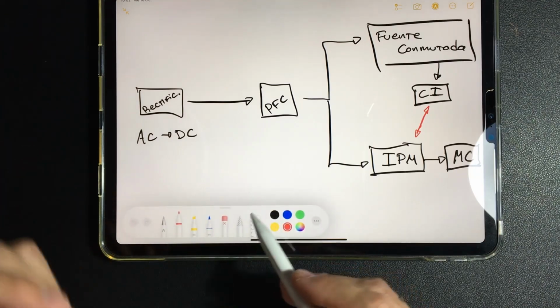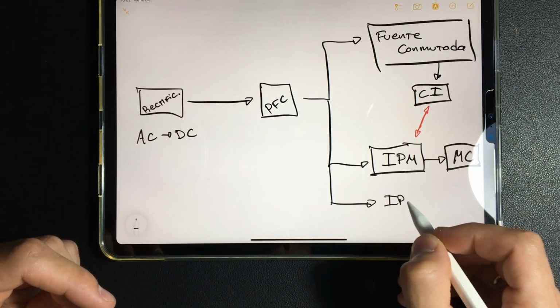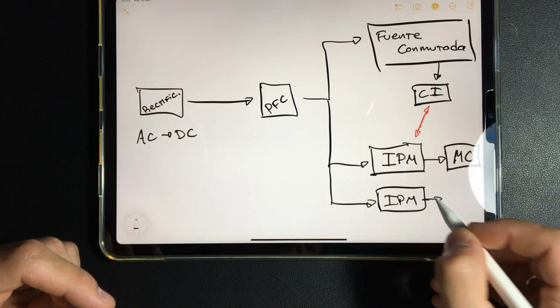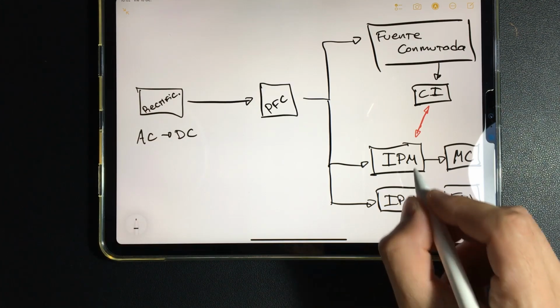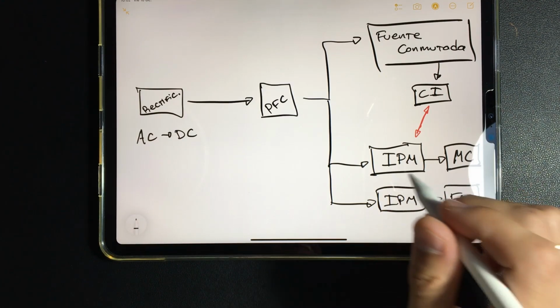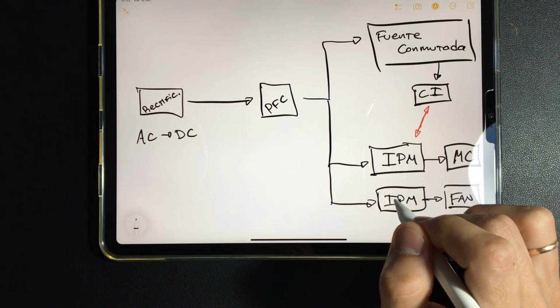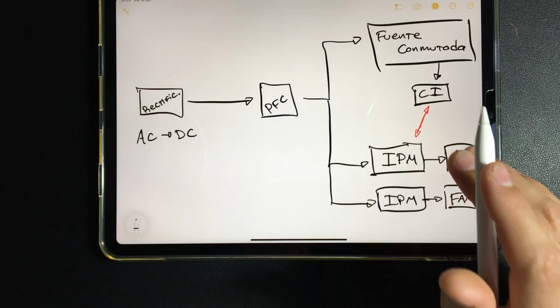In fact, as something additional, a preview of something that we will see later, we will also be passing through another IPM to feed the fan, both inside and outside. If you do not know what IPM means, do not worry about this. It is something that we will talk about next, because we want to reach the compressor and the fan with our whole journey.